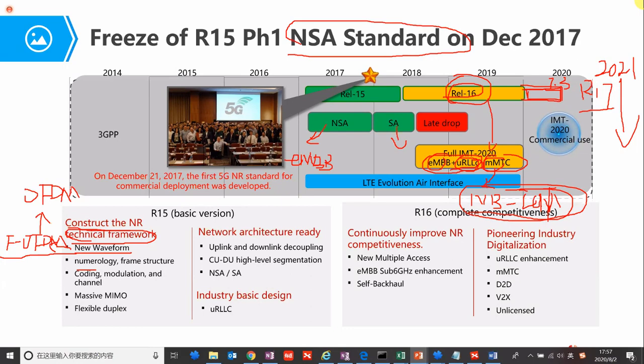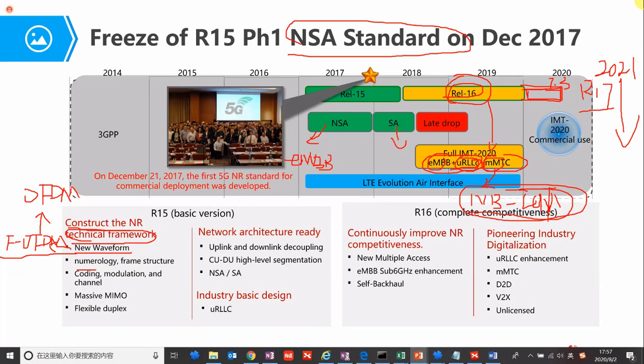So you mean the low frequency band, like LoRa or Sigfox? These can be considered as NB-IoT, right? There are two technologies like Sigfox and LoRa. Yeah, these two technologies can be considered as NB-IoT.